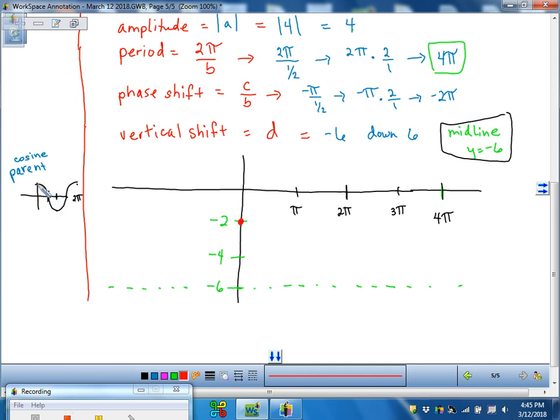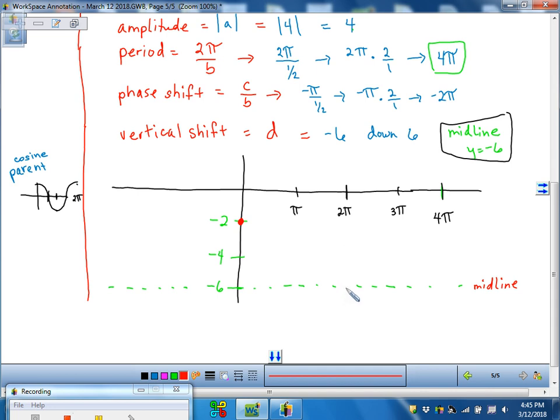Okay, remember the parent graph starts high, then halfway it's going to be at its lowest point. Well, the lowest point has to be that same amplitude, which is 4, so I need to be 4 below the midline. Again, this is your midline here. So I want to be 4 below that midway at the halfway point.